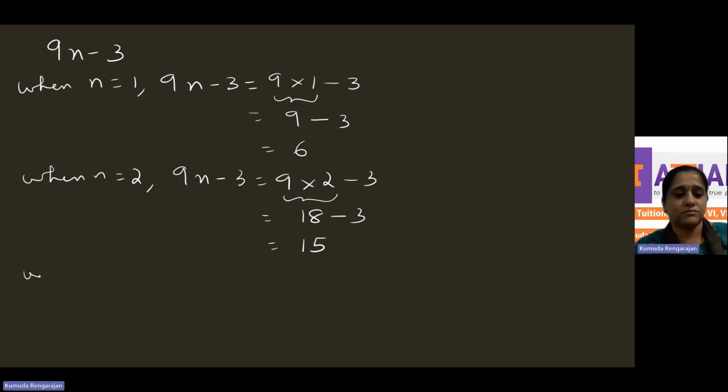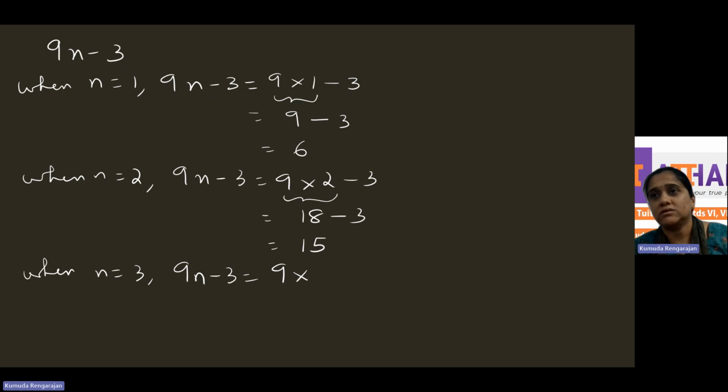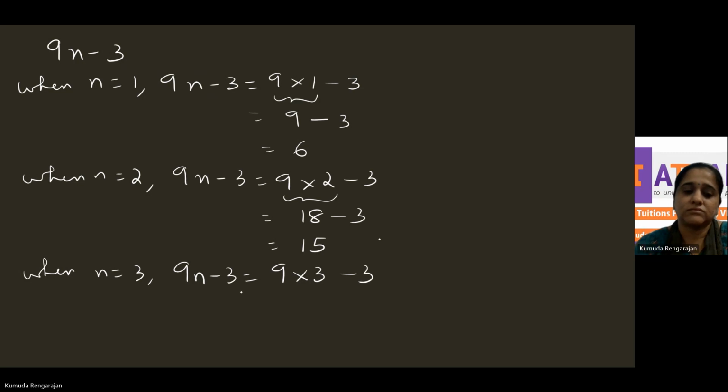Santosh, when n is equal to 3, 9 into 3 minus 3. N is only 3, so 9 into 3 is 27. Minus 3 is equal to 25.